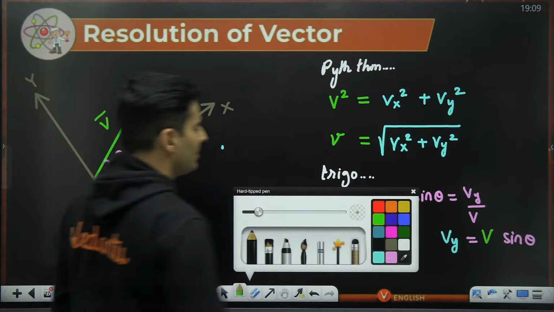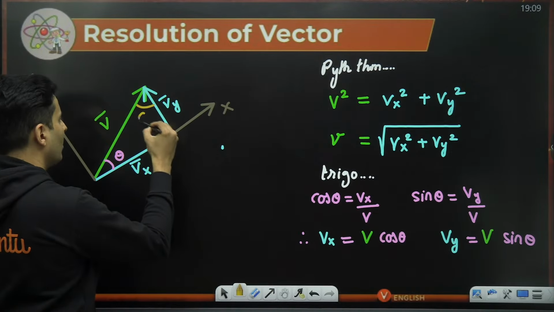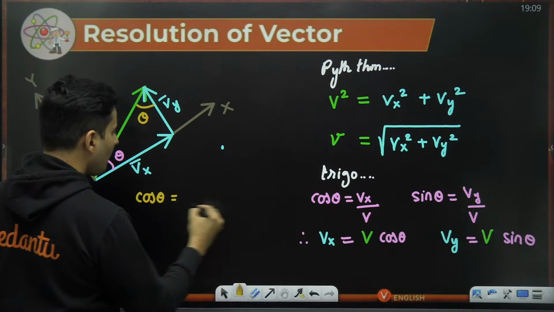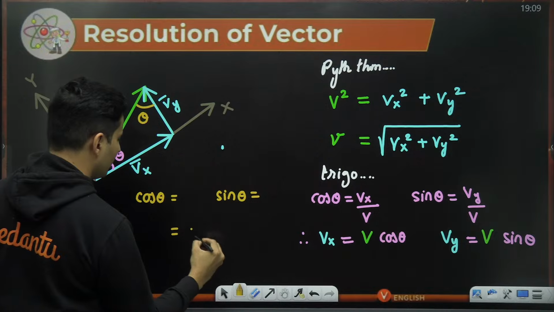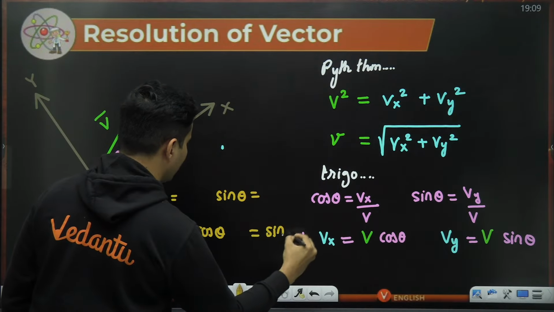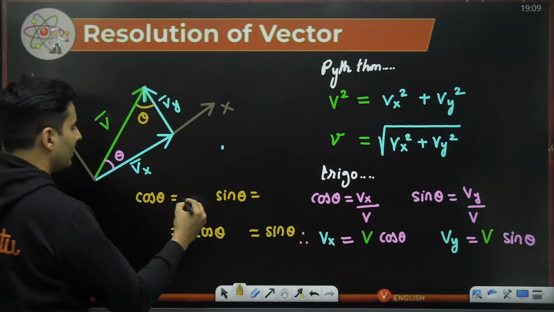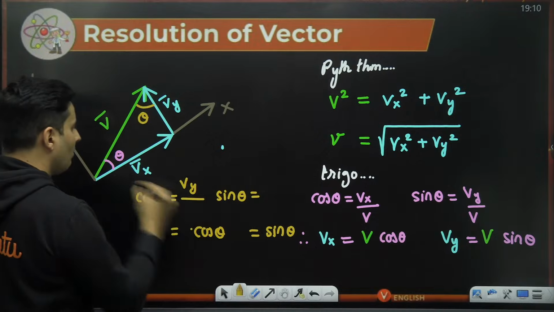Not just that, somebody might argue, no sir, for me this angle is theta. Okay, so then for you cos theta and sine theta will be slightly different. Just think, for that person cos theta will be nothing but vy by hypotenuse.